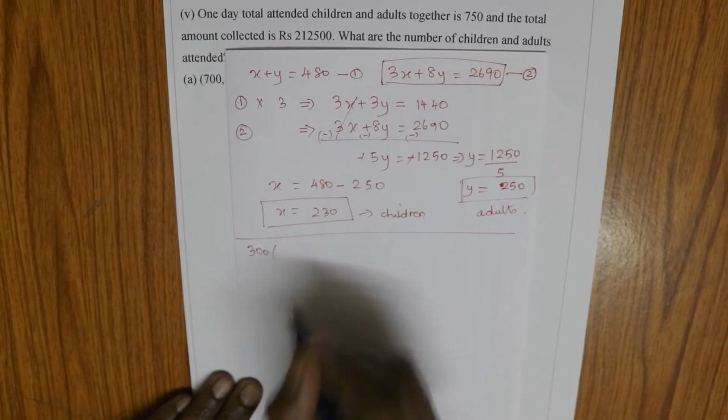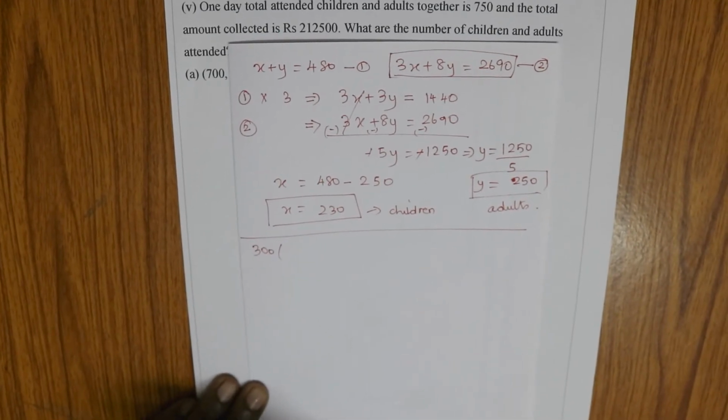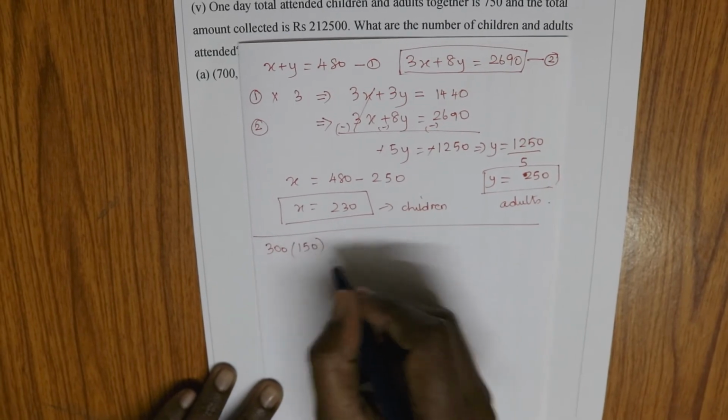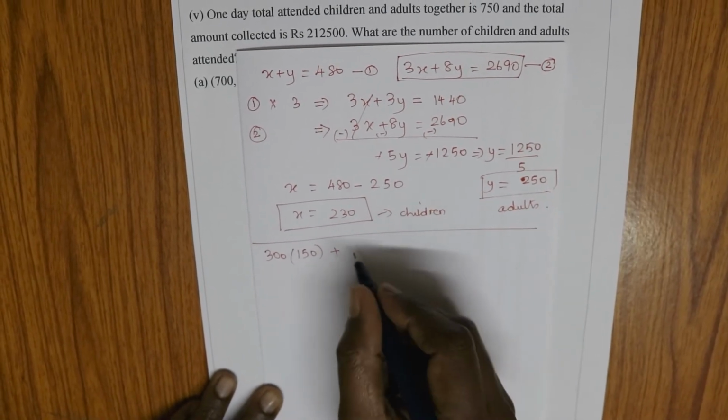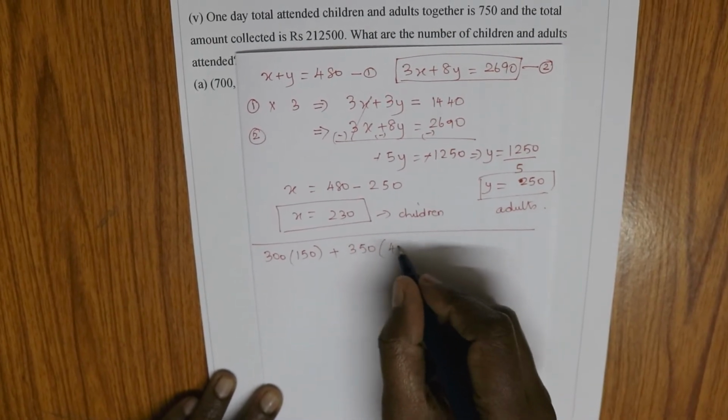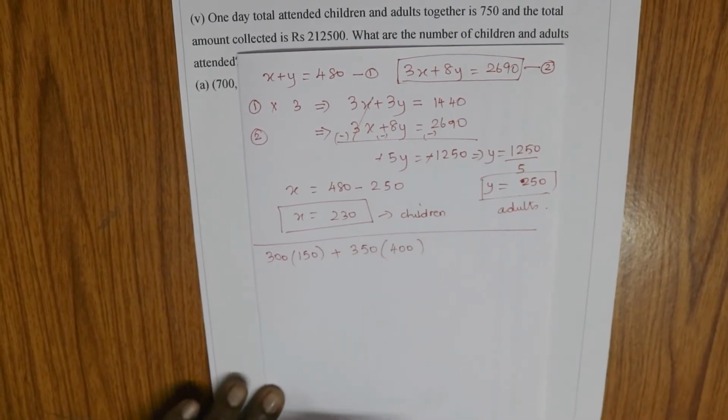300 children. What was the fare for one child? It was 150, plus 350 adults. What was the charge for one adult? It was 400.